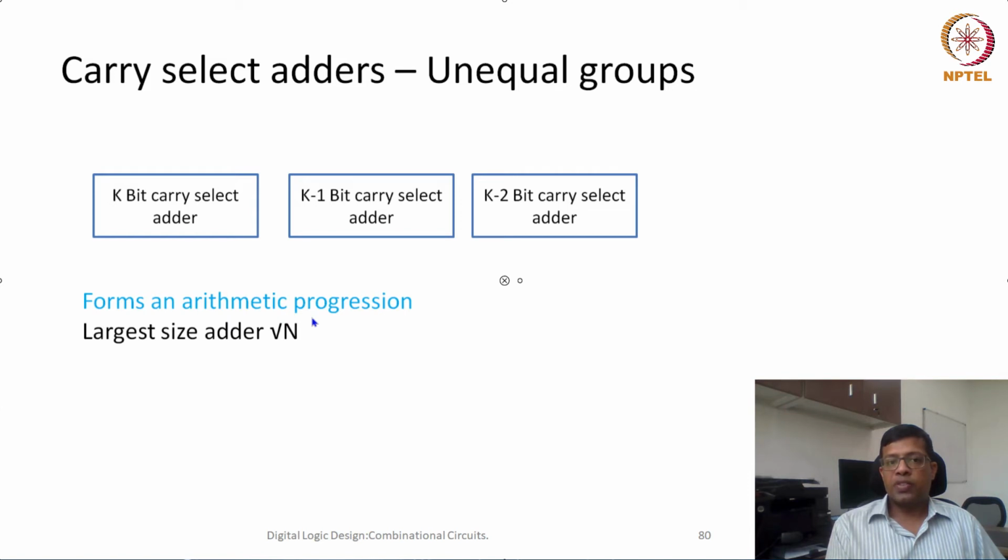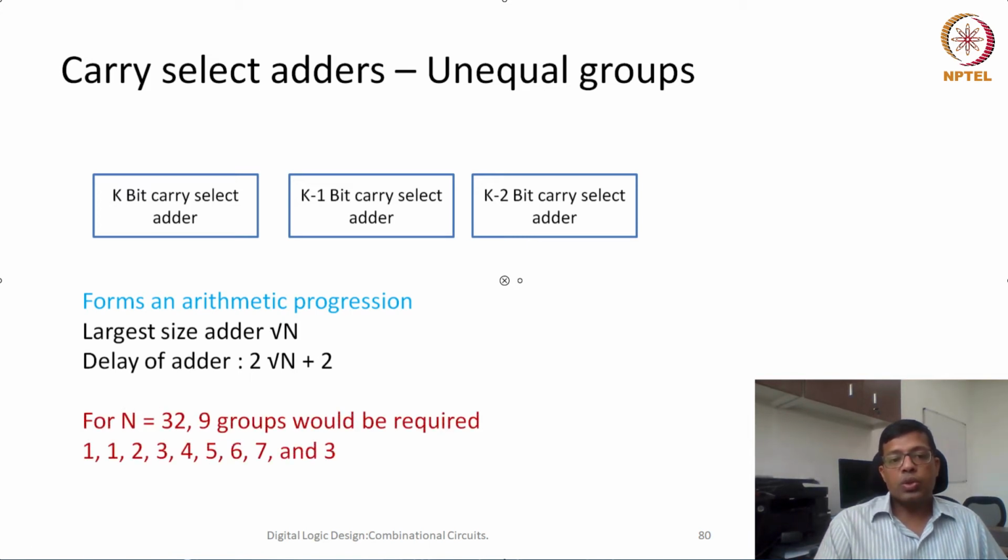So let's say if n is 32, the maximum value of k is going to be 6. So the total delay, the maximum delay, will also depend on the largest value of k. That means 2 square root n plus 2 would be the delay of this carry select adder.